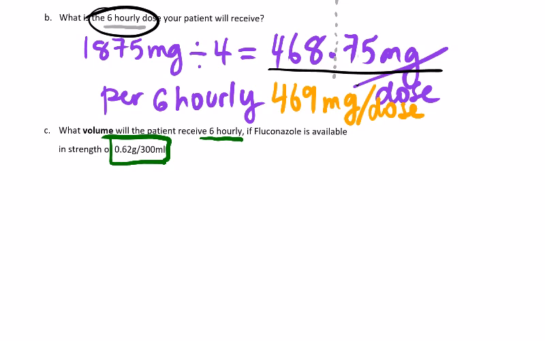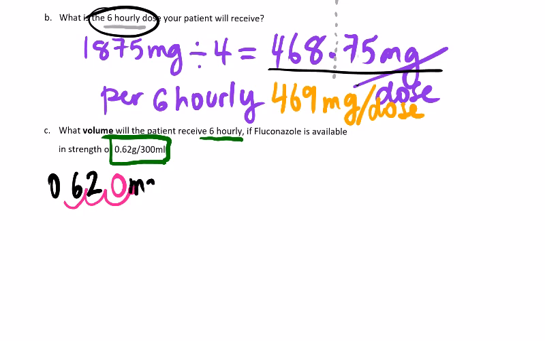So we better change this 0.62 grams into milligrams as well. From gram to milligram, we have to multiply the quantity by 1,000, or move our decimal point 3 places to the right.